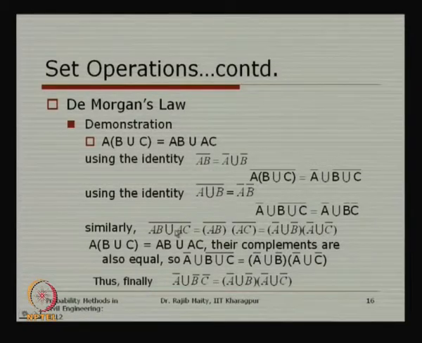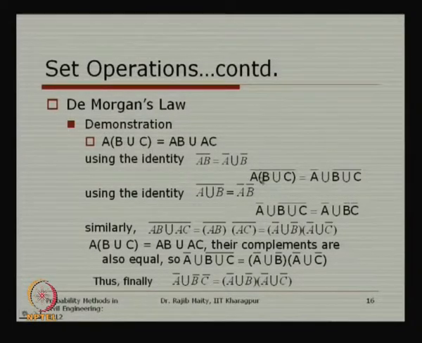Now you see this relationship: this set is equal to this entity. I started with the relation that this full set is equal to this full set. So if these two are equal, then their complements are also equal.